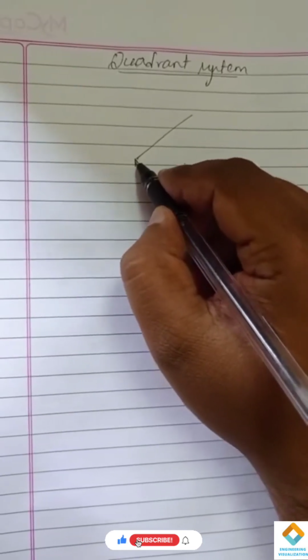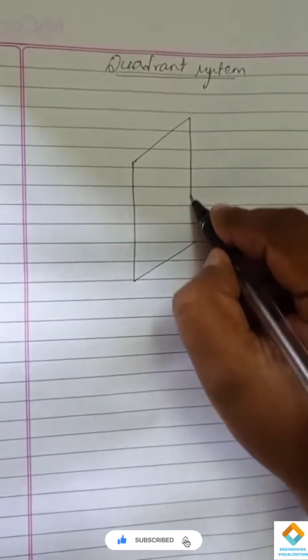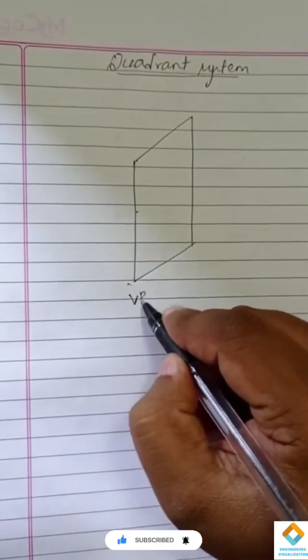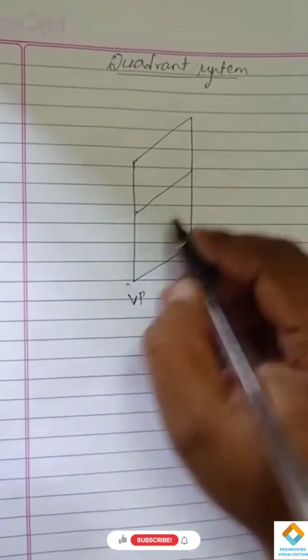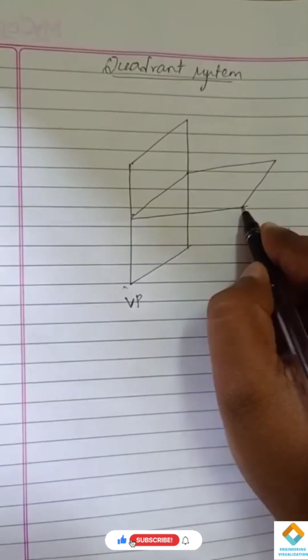Today we are going to learn about the quadrant system in engineering graphics. So today we are going to define the quadrants by using the profile planes. Here there is a vertical plane and a horizontal plane.